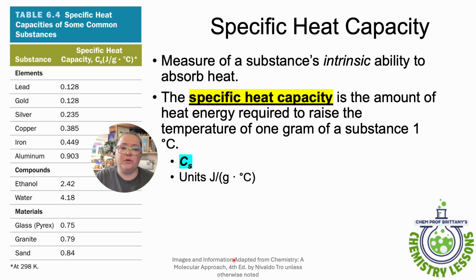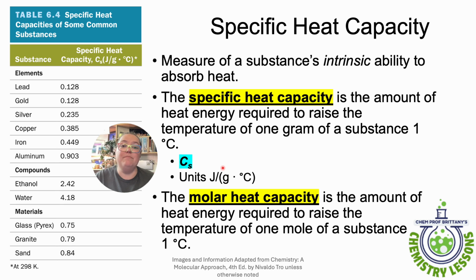And so because we're using it for a specific mass, the units for this are joules per gram times degrees Celsius. Previously the heat capacity only talked about the amount of energy and the change in temperature. Here we're talking about for a specific amount of mass. All right, and then the molar heat capacity is the same idea, but for 1 mole.